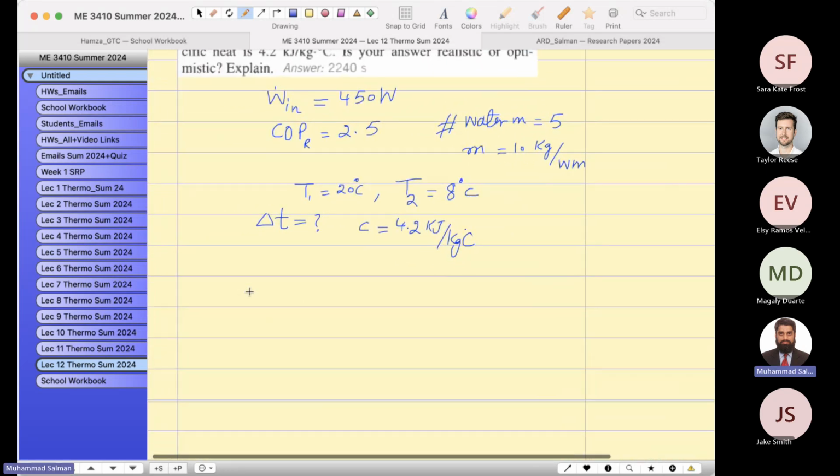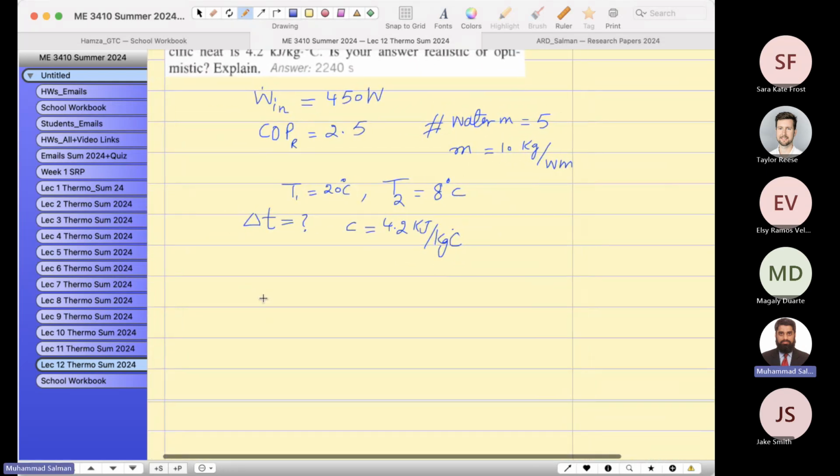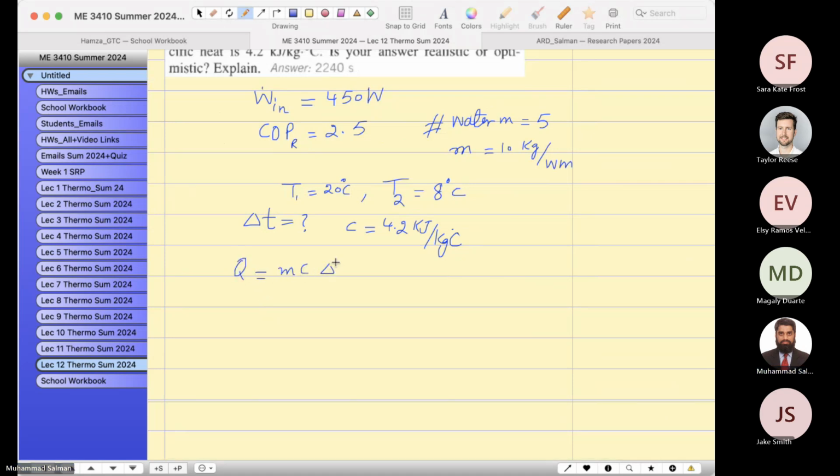Now, look, we want to know what is the time duration. So Q equals m c delta T, and this is for the mass of a watermelon. Final minus 20 is initial.